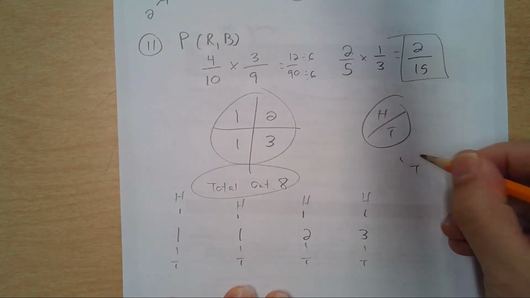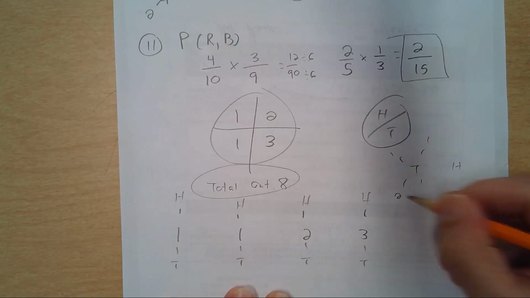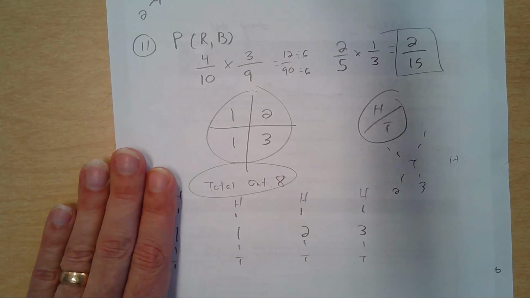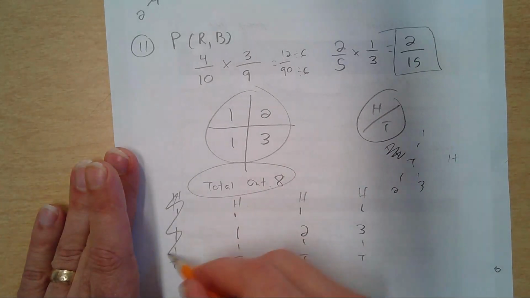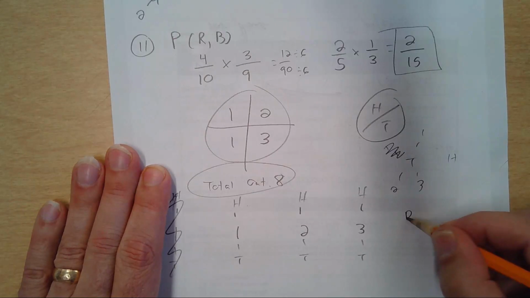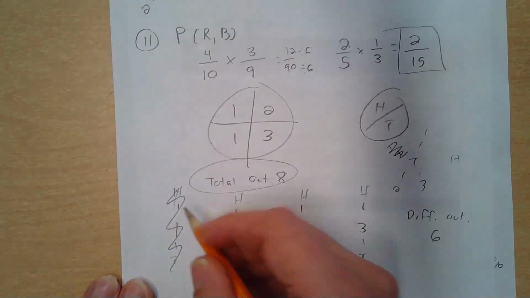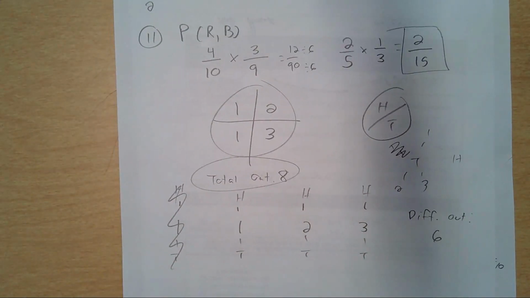If you did it this way, you still get 8, and different outcomes would be pretty much exactly the same. How many different outcomes are there? There are 6, because this outcome is repeated here. One's heads and one's tails can occur twice.